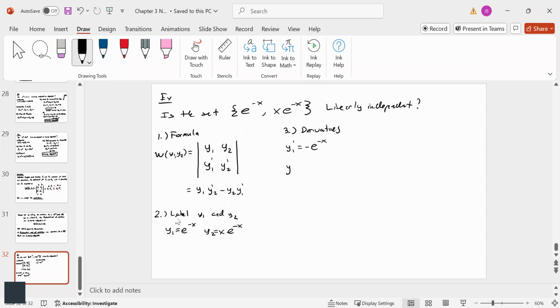And then the derivative of y2, this is a product rule, right? f prime g plus f g prime, your product rule. So f prime g plus f times g prime, like that. And then step 4 is to plug in.